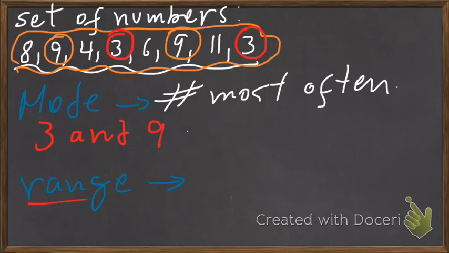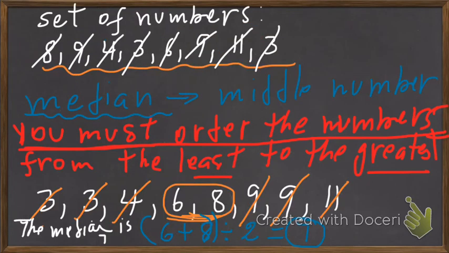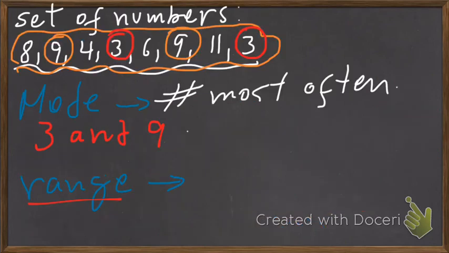Very nice. And now we're going to find the range. The range is very simple. Do you remember when we put the numbers from the least to the greatest? We choose the least and the greatest, and we subtract. So 11 minus 3 equals 8.